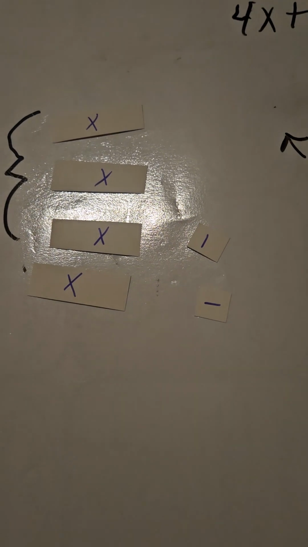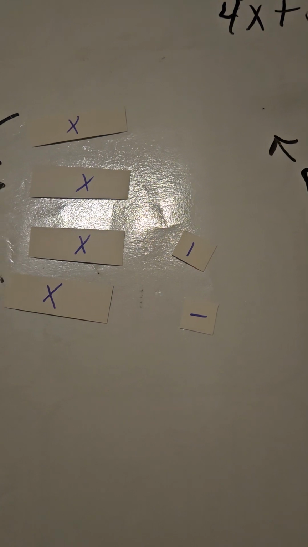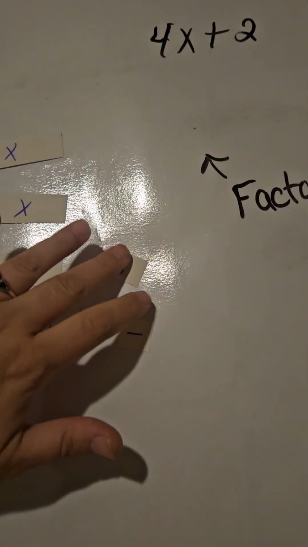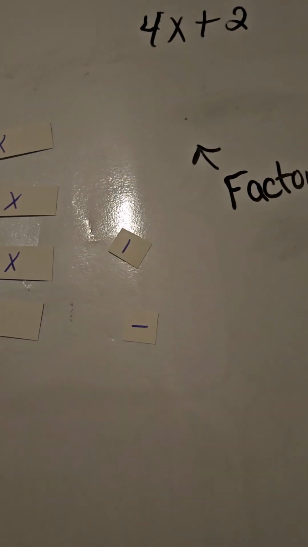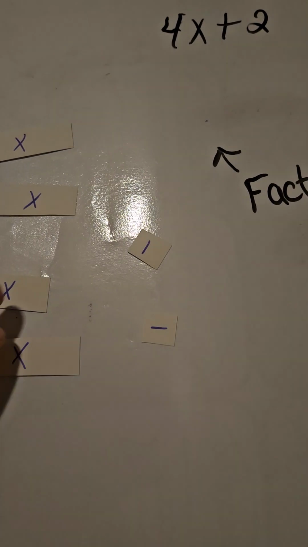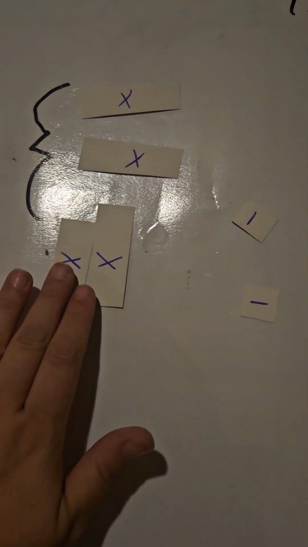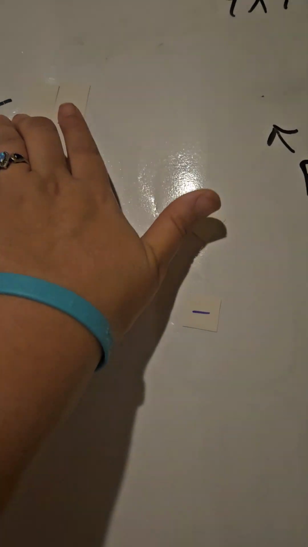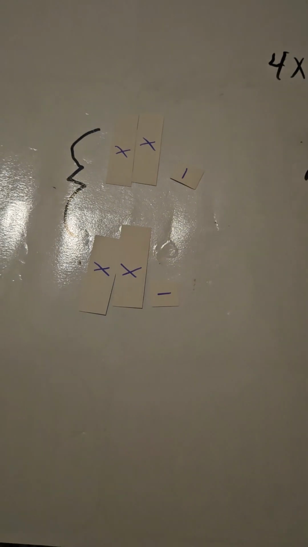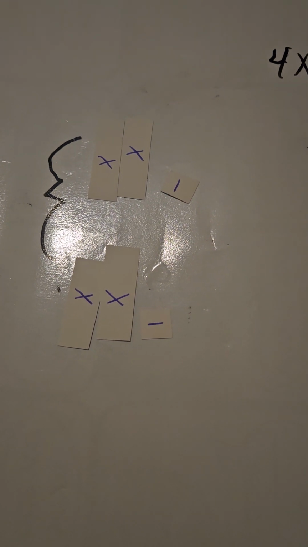These 2 1's can't be split evenly into 4 separate rows. So I've got to think of another way that I can group my x's to where these 2 1's can be split evenly into the rows. So let's try grouping them with 2 x's in each row. And my 1's can easily split into those 2 separate rows.